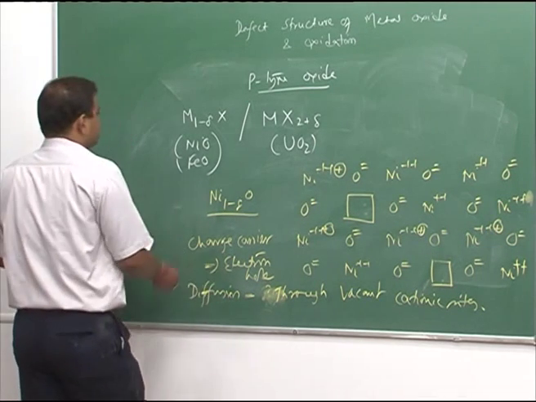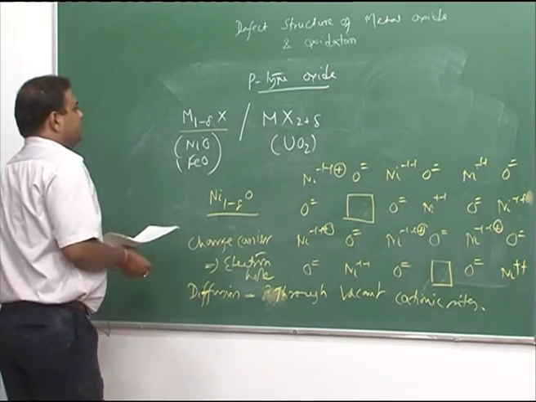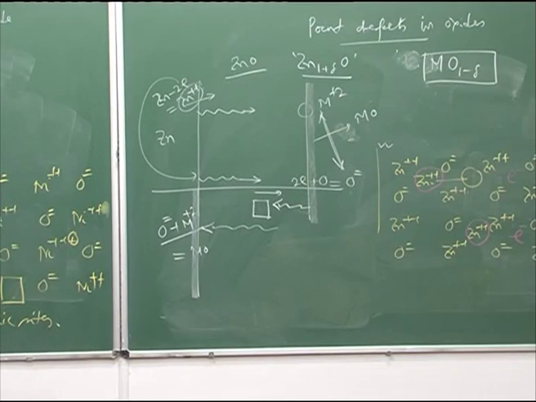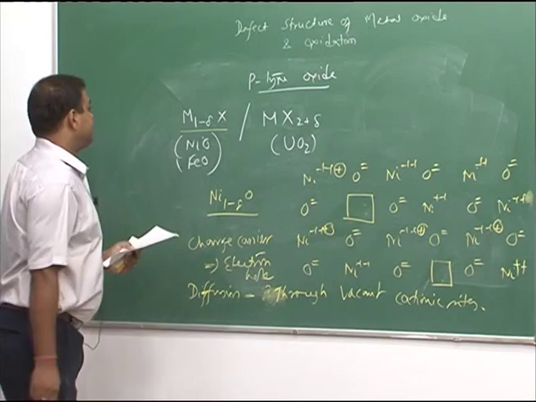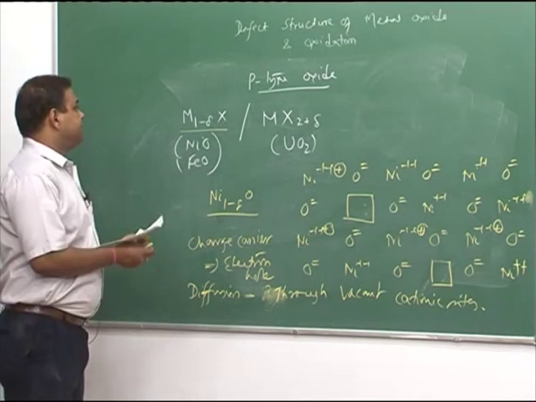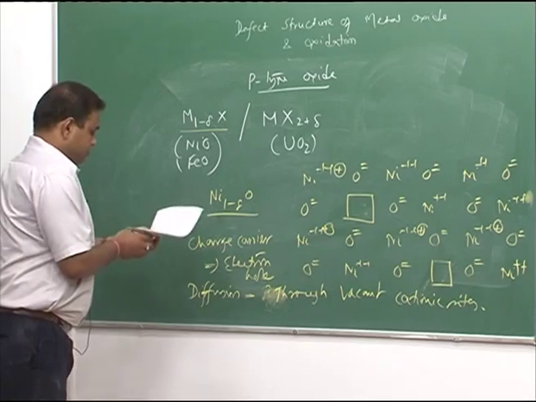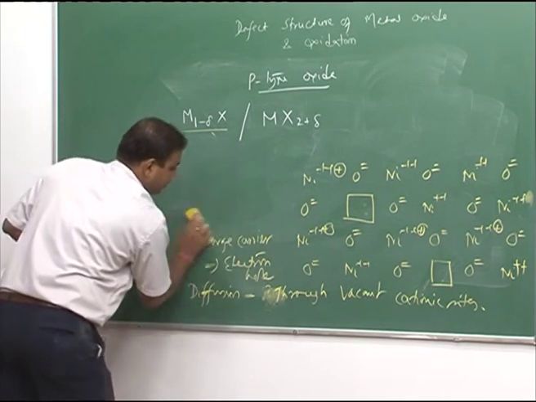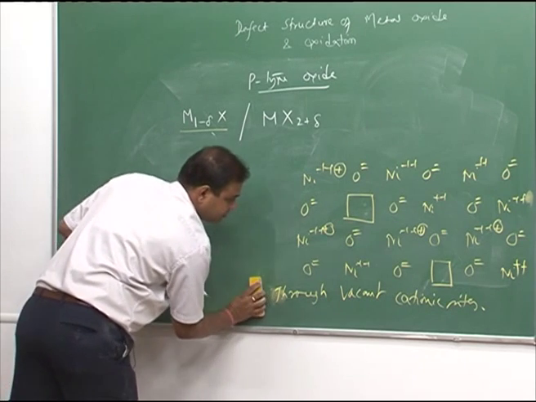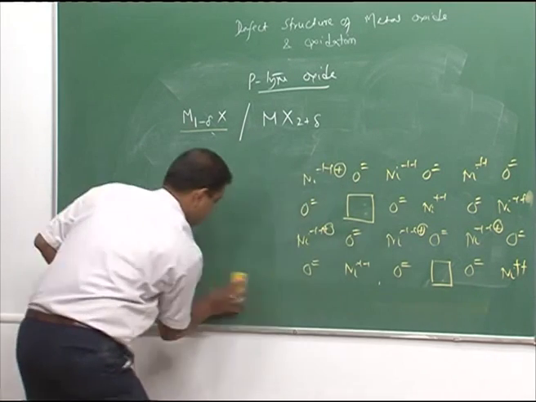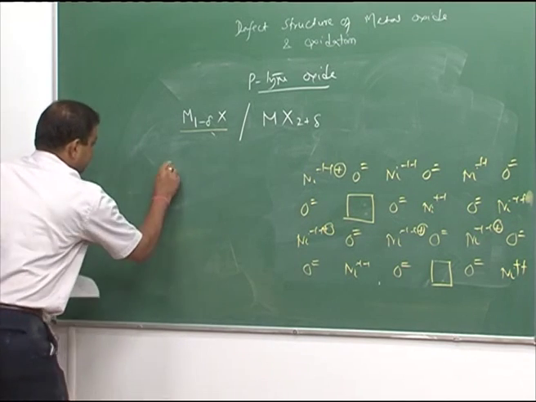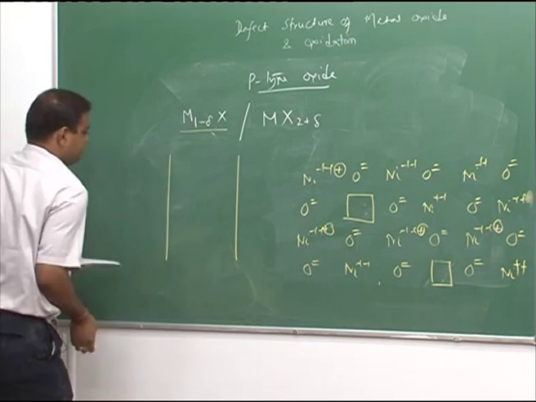Now, let us see what happens in case of metal deficient P type oxide, how the growth is taking place. So, we can have another two different interfaces.